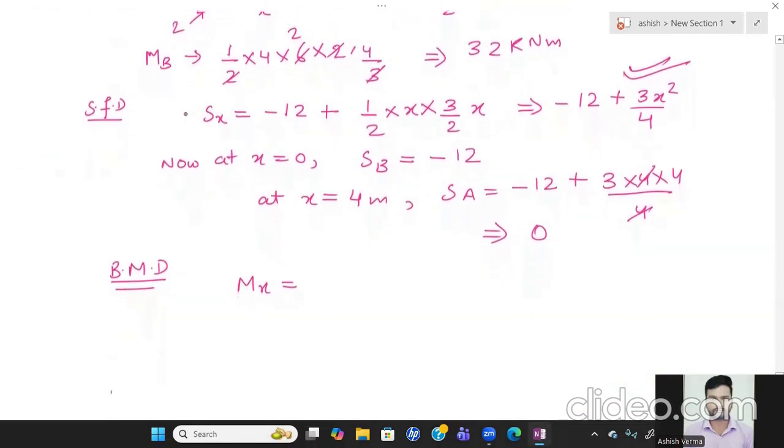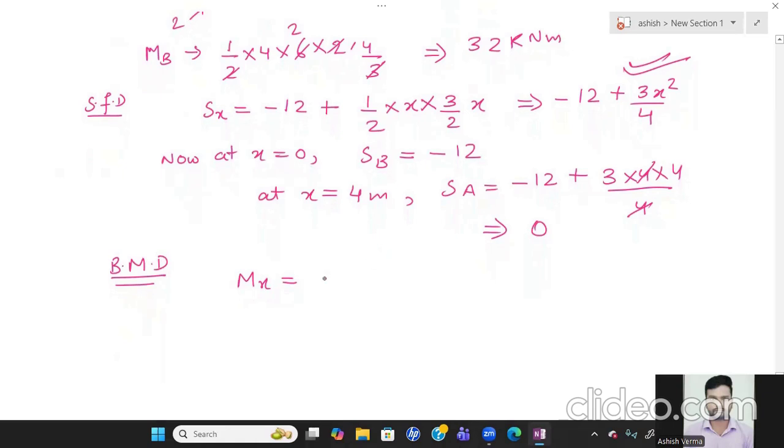So we can see from the figure that the moment MB is acting like this, and the reaction is like this, and the downward loading is something like this.